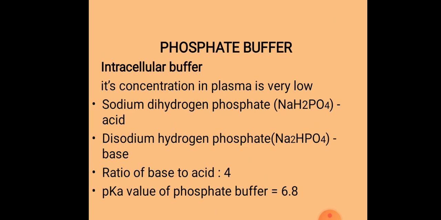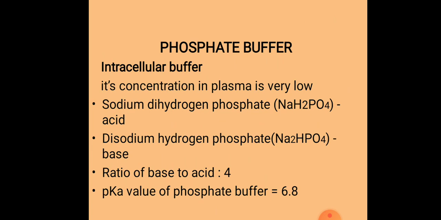Next we move on to the phosphate buffer, which is an intracellular buffer. The concentration of the phosphate buffer is very low, and its components are sodium dihydrogen phosphate and disodium hydrogen phosphate. Sodium dihydrogen phosphate is the acid part and disodium hydrogen phosphate is the base, and the ratio of base to acid is 4.